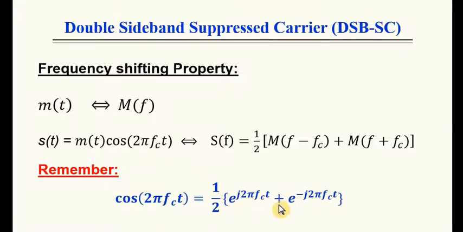Knowing that, we can take the Fourier transform for m of t cosine 2 pi fct using the Euler identity, and by using this formula we can easily find the Fourier transform for the product of m of t and the carrier signal.